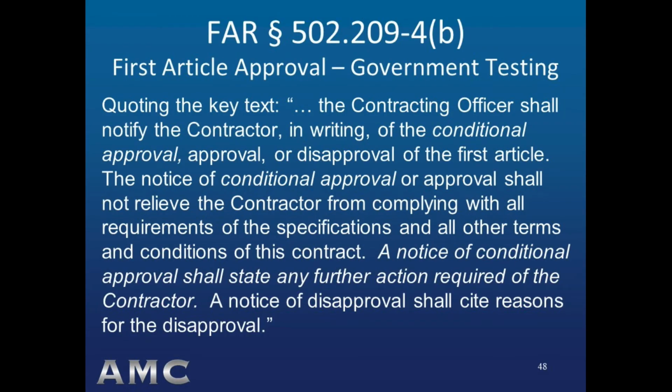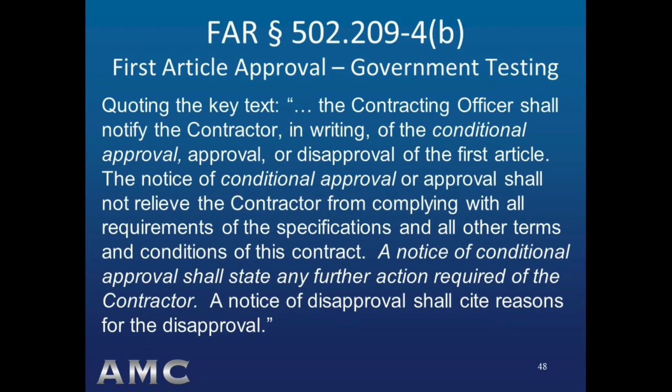Surprisingly, because it is less known than it should be, the FAR sections 502.209-3 and -4, which specify how first article contracts shall be evaluated, address this obligation. Quoting the key text: the contracting officer shall notify the contractor in writing of the conditional approval, or disapproval of the first article.